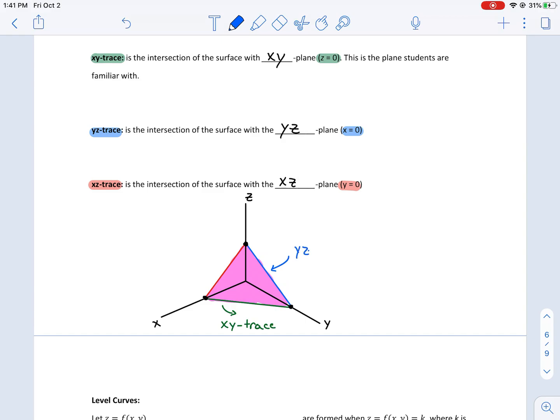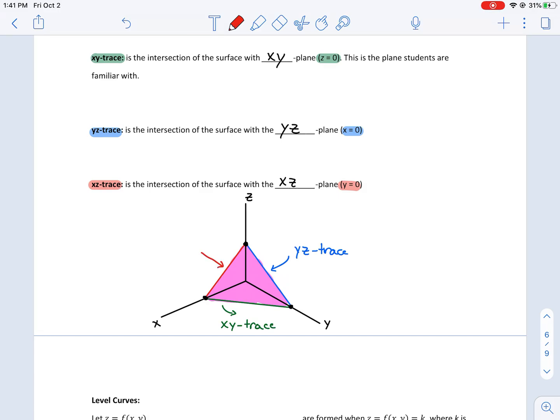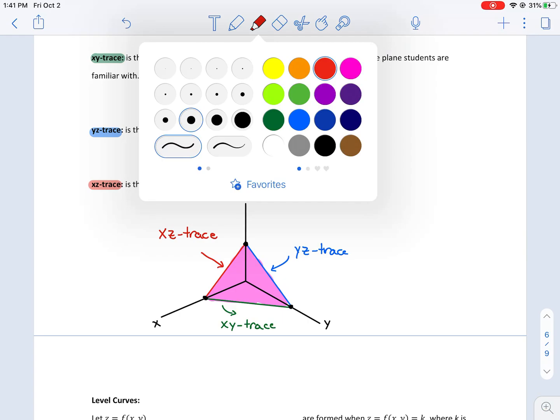This blue line is the YZ trace, and we call that the YZ trace because that's where the surface intersects the YZ plane. And finally, this red line is the XZ trace because that is where the surface intersects with the XZ plane.